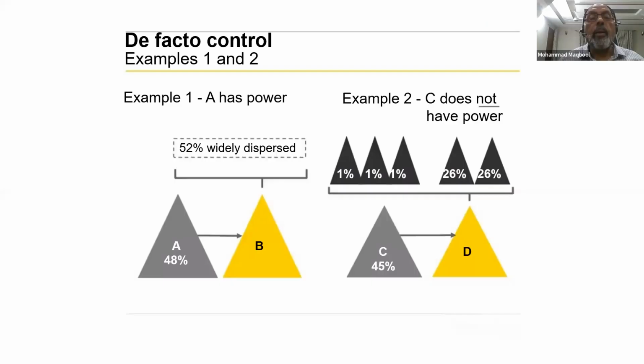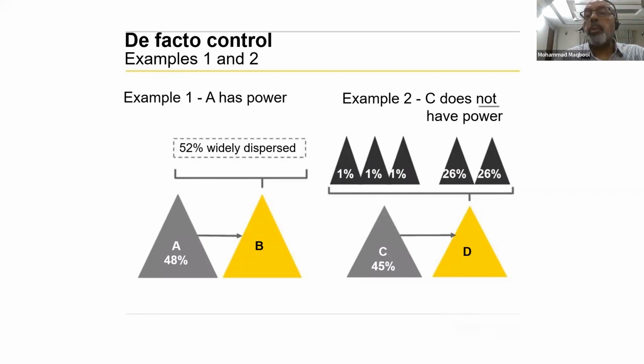Okay. Let's say there are two examples. Example one: A has a 48% investment in a company, and the other 52% is widely dispersed.